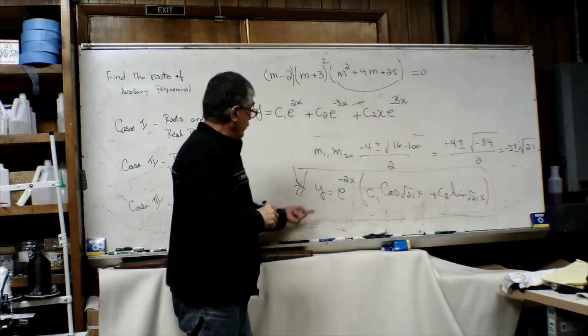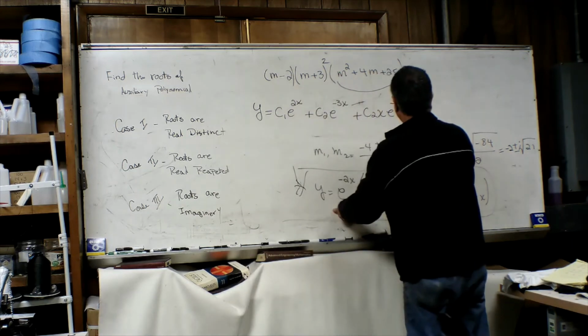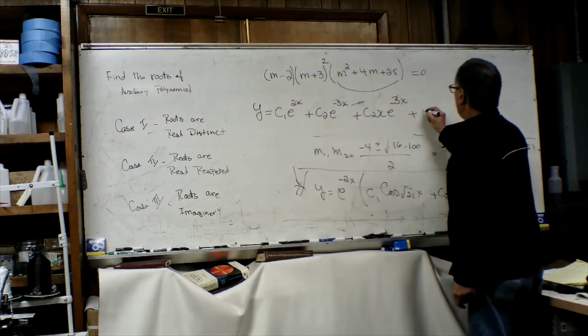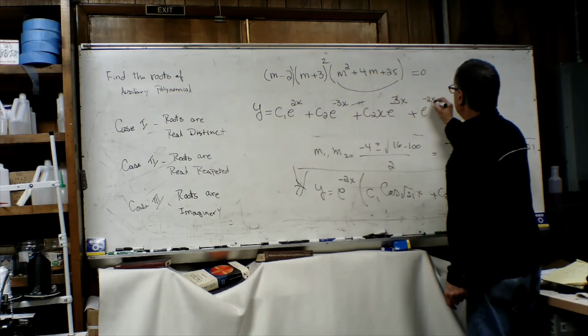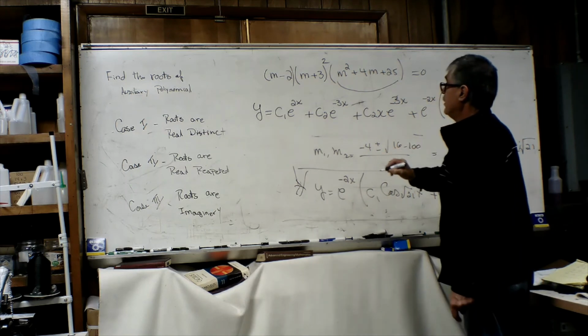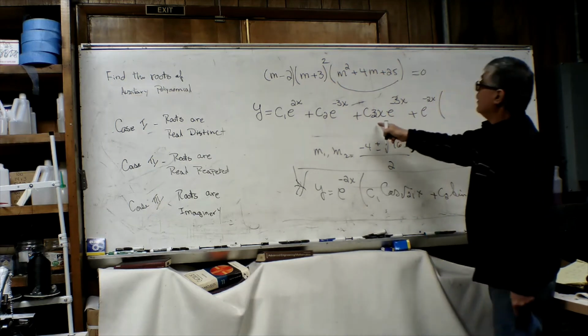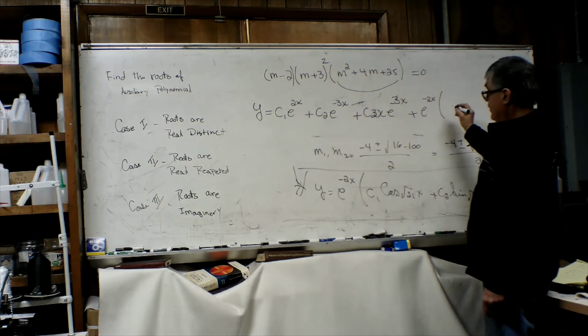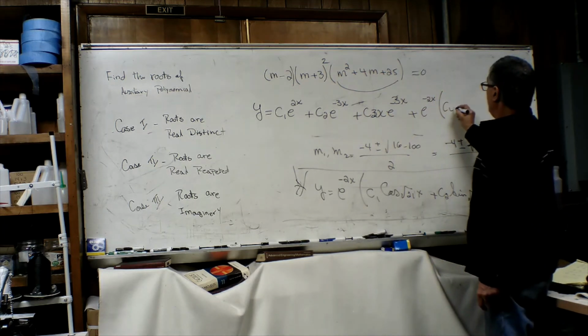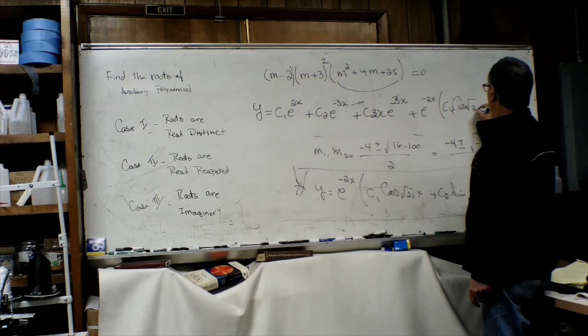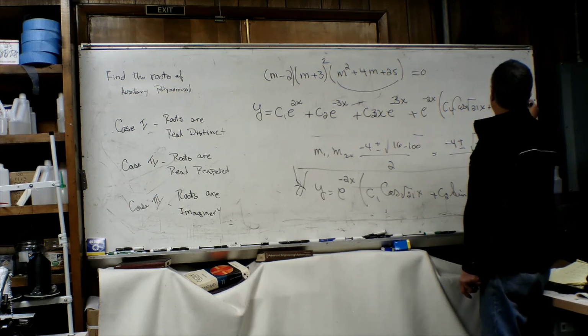Plus the solution for that part: plus e to the power minus 2x times, sorry, this was c3, so c4 cosine of the square root of 21x plus c5 sine of the square root of 21x.